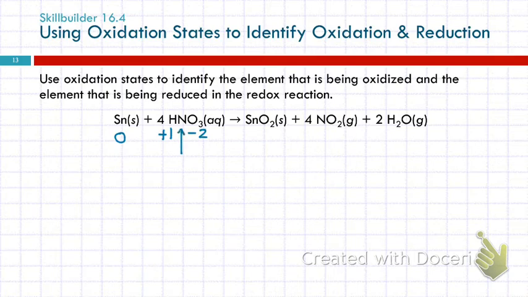So maybe let's actually write this down. So we've got +1 from the hydrogen, and then we've got 3 -2s, 1 from each oxygen. And so when we add all that up, I'm getting -5. So the 1 nitrogen then must be +5.